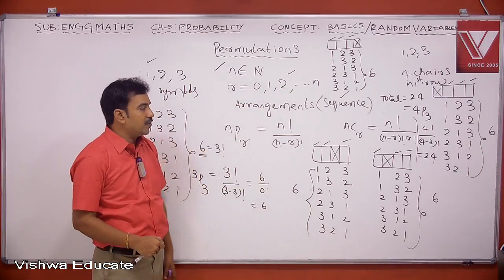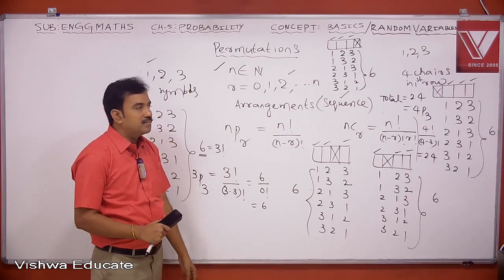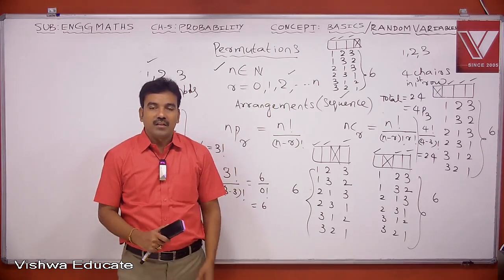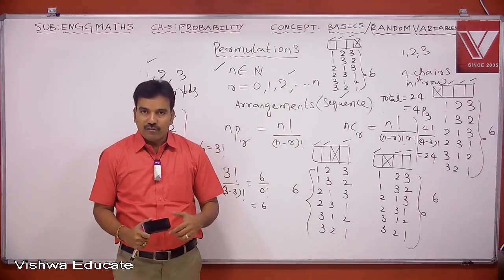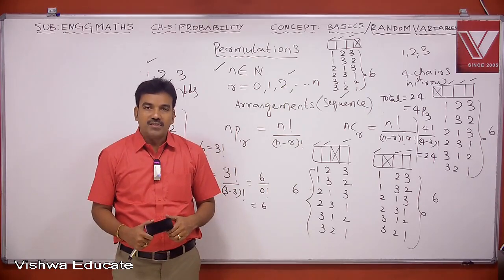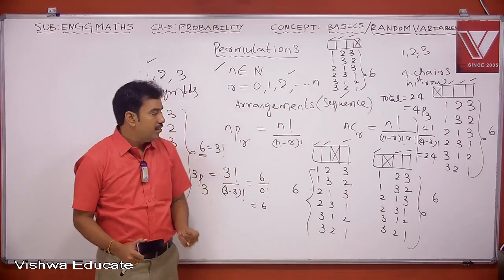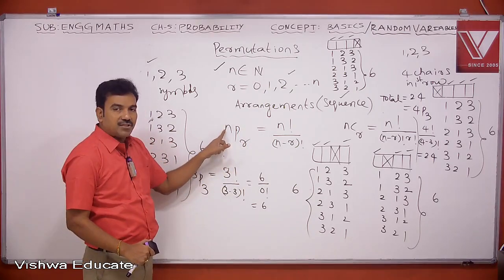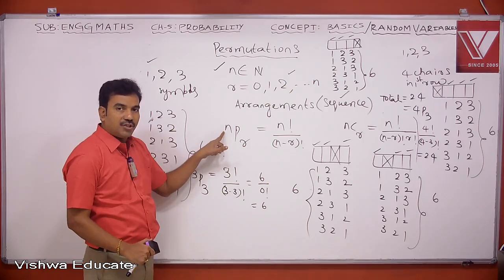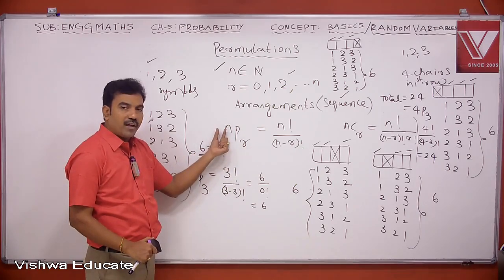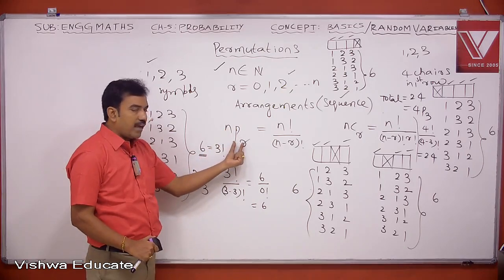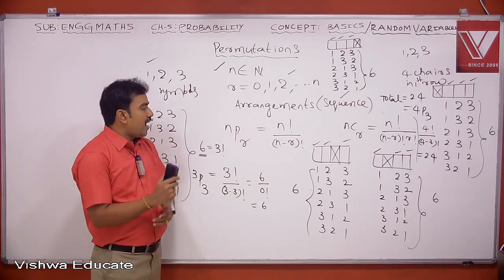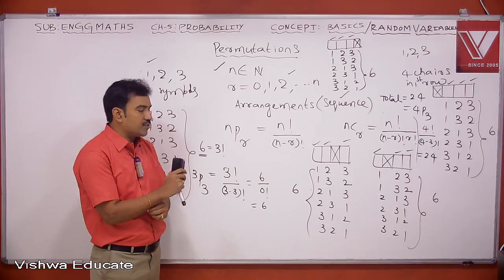Then the number of ways of arranging r things out of n things is given by nPr, that is equal to n factorial by (n minus r) factorial.